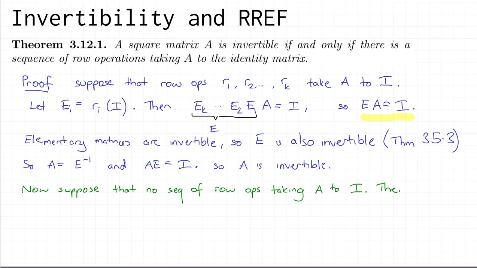So there is, because there always is, a sequence of row ops which takes the matrix A to a row reduced echelon form matrix R. Now R is a square row reduced echelon form matrix which is not the identity matrix.